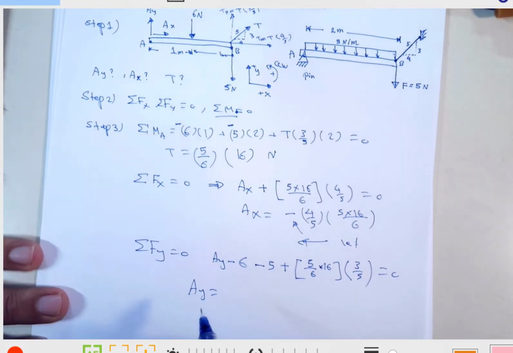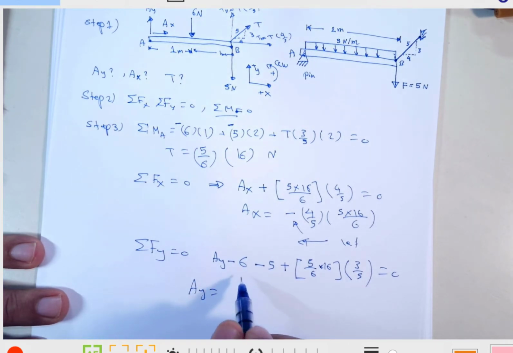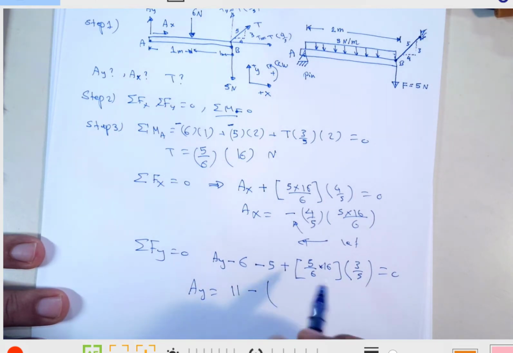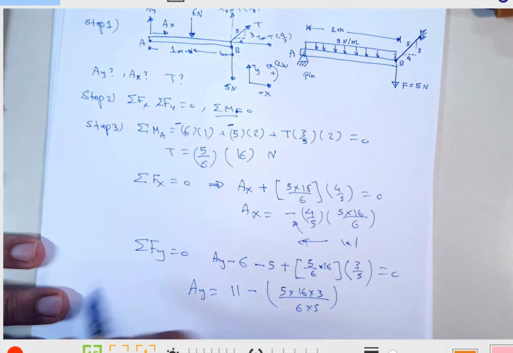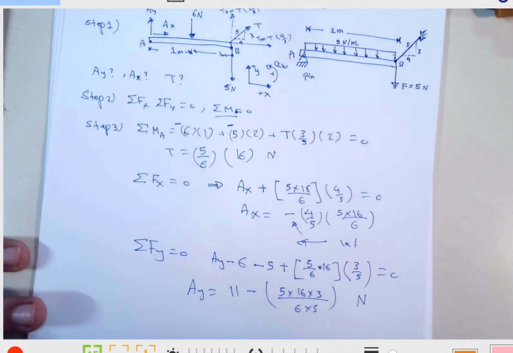Therefore AY simply is 6 plus 5, 11 minus this magnitude, 5 by 16 by 3 over 6 by 5, right? That's in Newton.